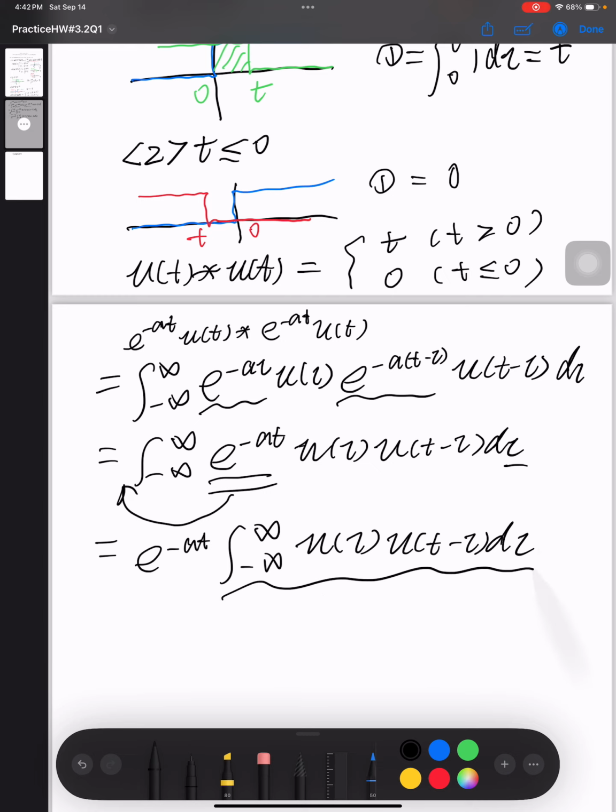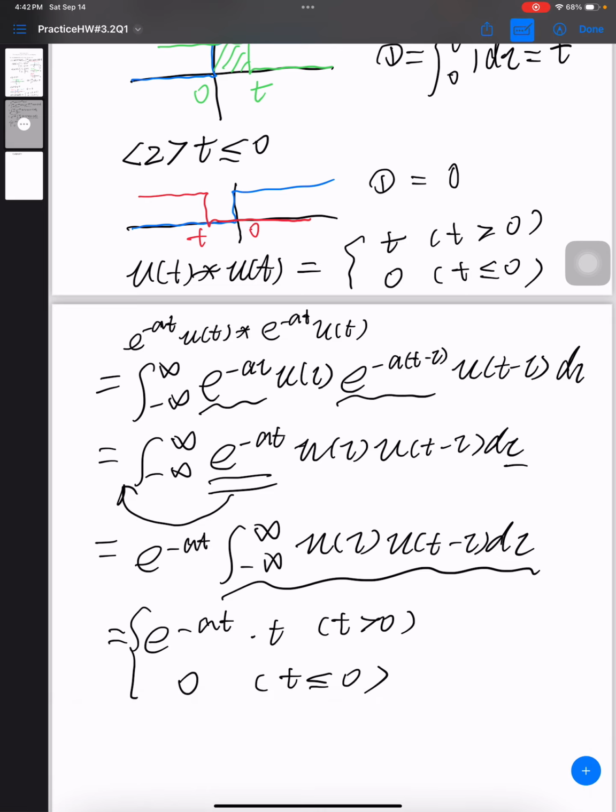And this part is actually the result of the first question, so we can directly get e to the minus a t times t when t is larger than 0, otherwise directly equal to 0 when t is smaller than or equal to 0. Then we are done for this question.